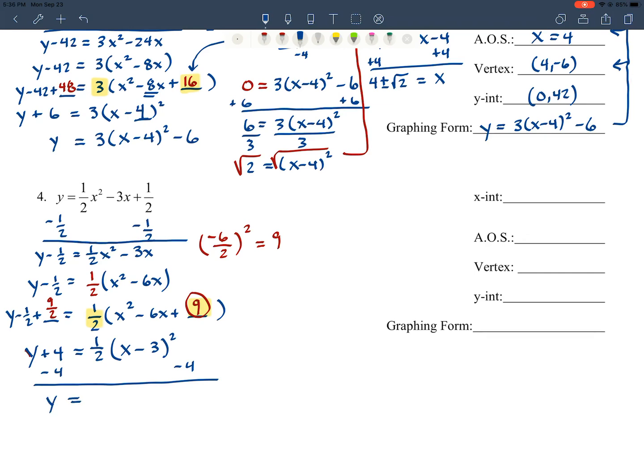So y is equal to 1/2 times the quantity of x minus 3 squared minus 4. Then vertex should be 3, -4. Axis of symmetry, x equals 3. Y-intercept here is positive 1/2.